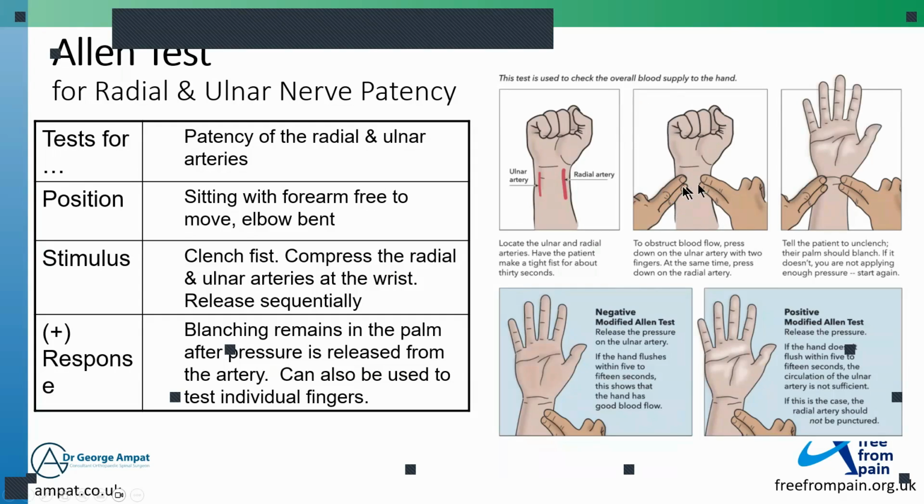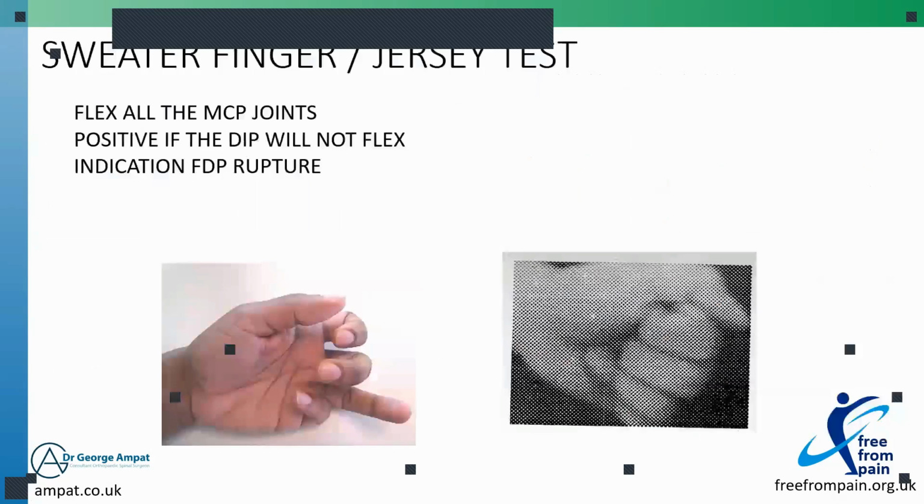Then you press both the radial and ulnar arteries, and then you sequentially release them. Once you release this, if it fills up quickly, you know the ulnar artery is intact. Similarly, again make a fist, clench it, hold it here, leave the radial artery, and if the hand becomes reperfused, then you know the radial artery is intact. So it's the blanching and reperfusion of the hand that you're looking at.